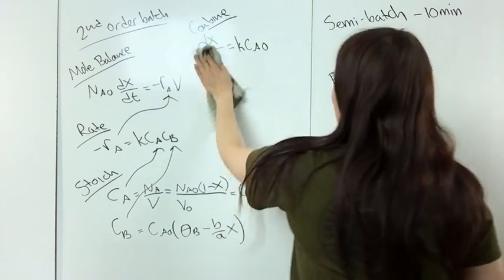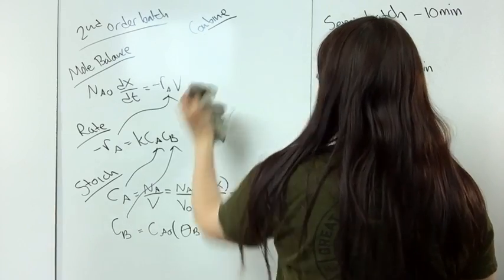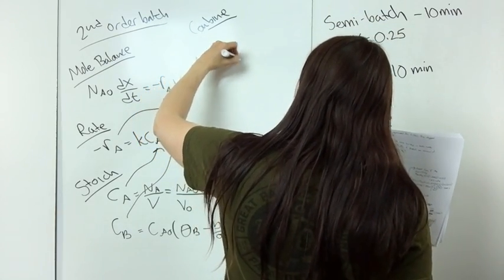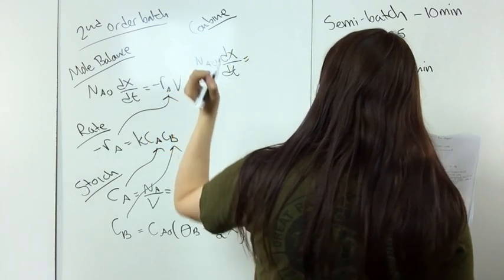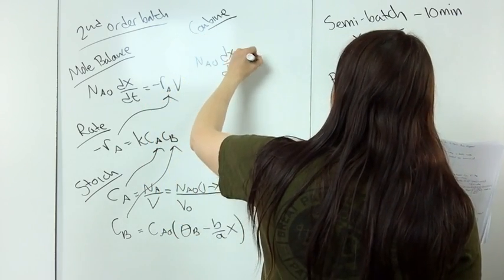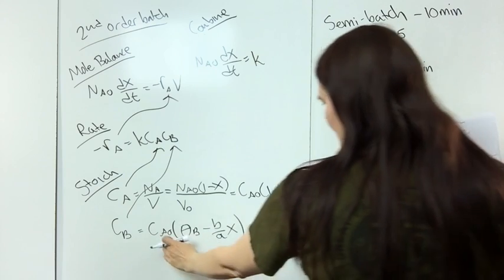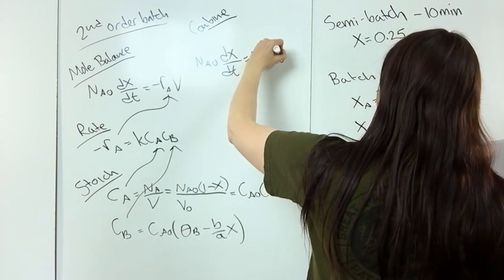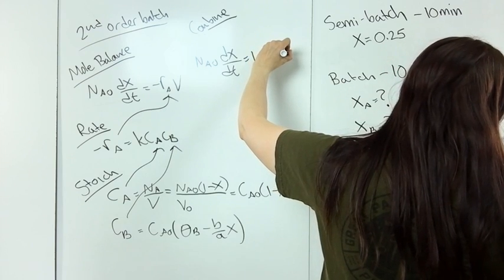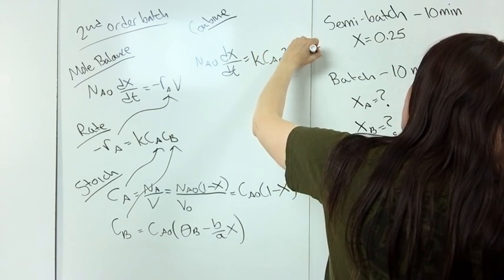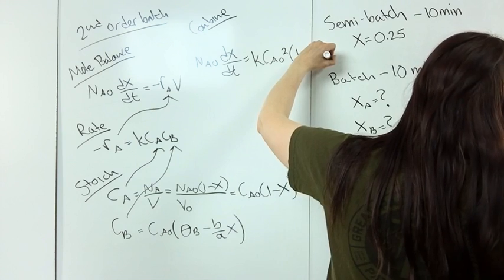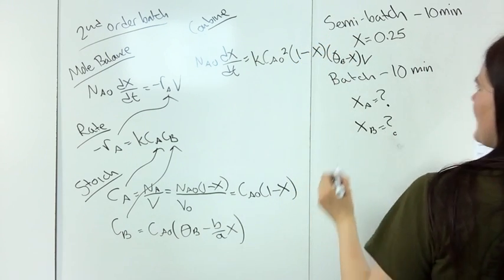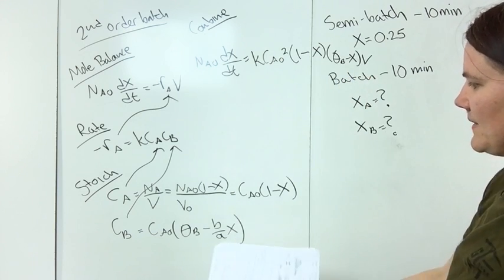I'm going to take a step back. I was kind of skipping some steps, but I'm just going to write the whole thing down. So N_A0 dX/dt is equal to k, and then I have C_A0 multiplied by C_A0, so C_A0 squared, (1 minus X) multiplied by (theta_B minus X) multiplied by V. And then this is the same thing I was just talking about.